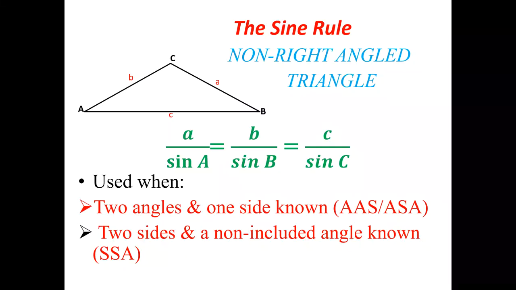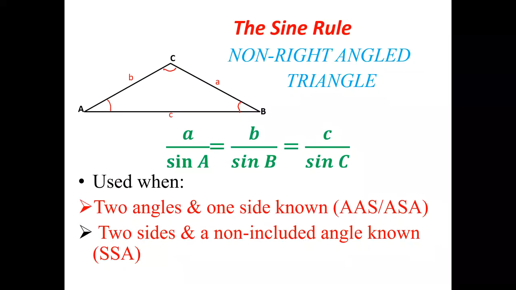You can see that this is a non-right angled triangle, and this is vertex A, this is angle A, and here we have angle B, and here I have angle C. Here we cannot use SOHCAHTOA because this is a non-right angled triangle.